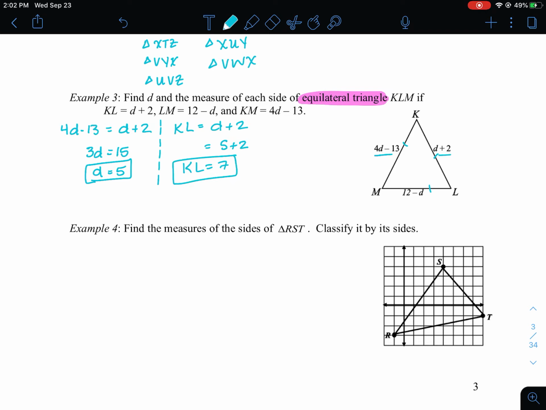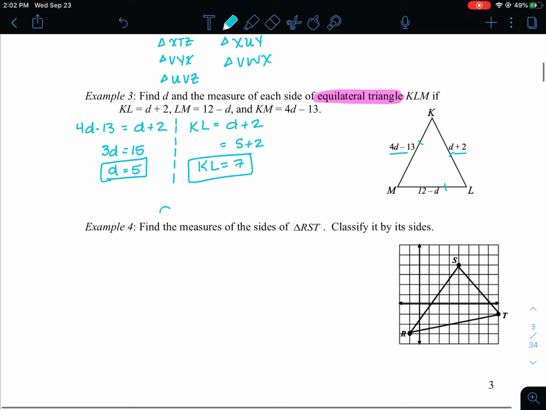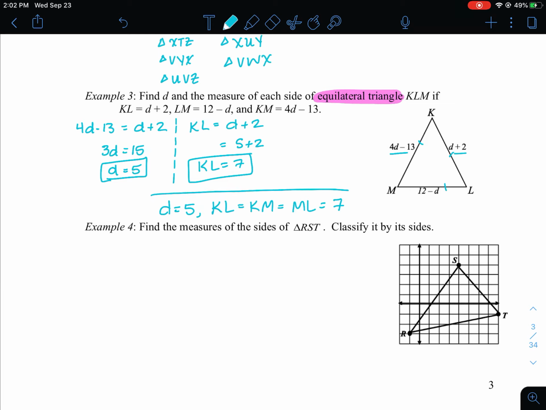And every other side should still be 7, but we'll just double check. 12 minus 5, that's 7. 4 times 5 is 20. 20 minus 13 is 7. So it does work out. So for our final answer, we can write D equals 5, KL equals KM, which is equal to ML, which is equal to 7.